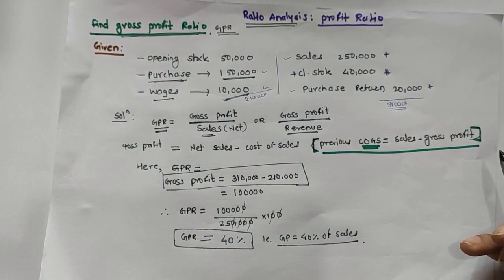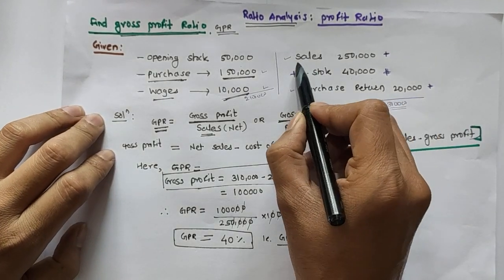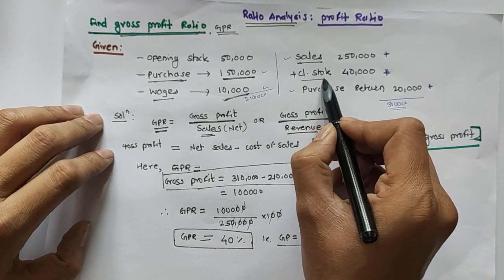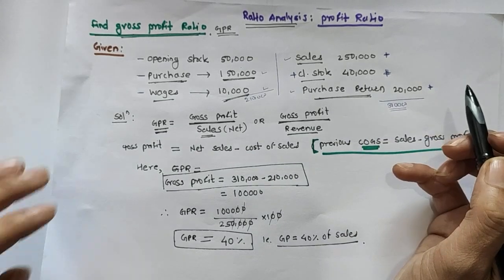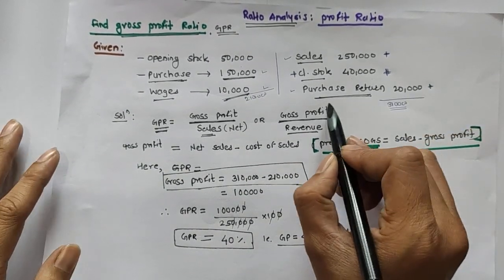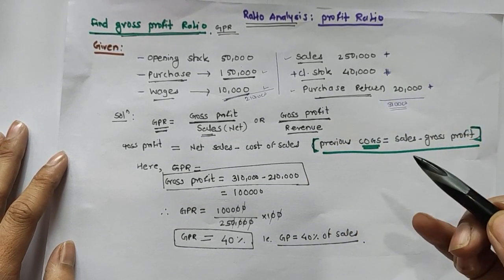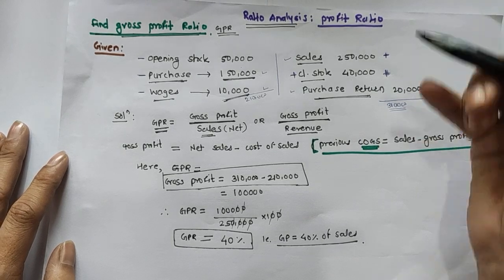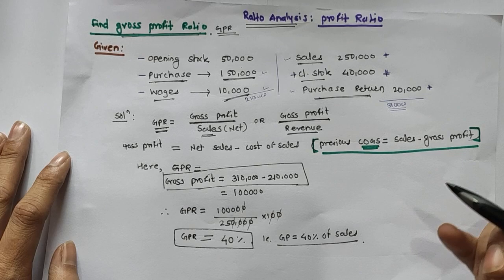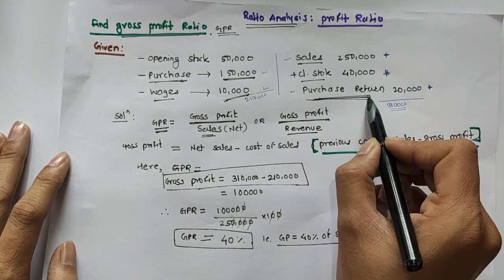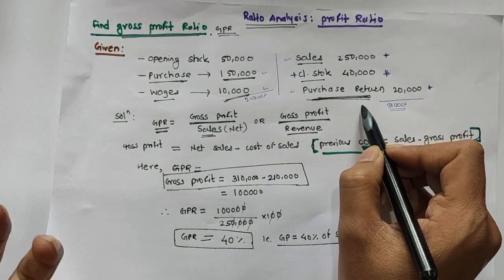So while calculating the gross profit, you have to add sales, closing stock and the purchase return. Why purchase return? Because think like if you are a shopkeeper purchasing something for reselling, and you have returned it to your wholesaler, that means you got your money back.